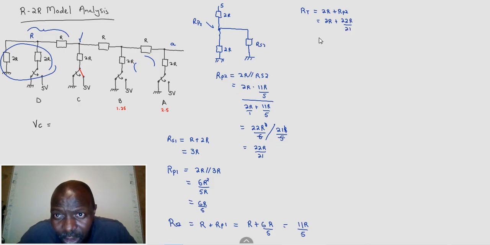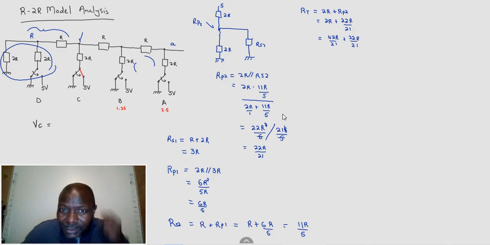I'm going to give it a common denominator over 21. This will be 21 times more, so 42R over 21 plus 22R over 21.